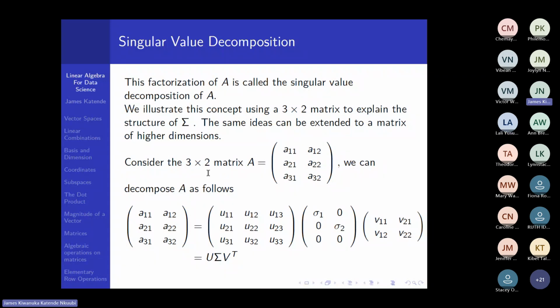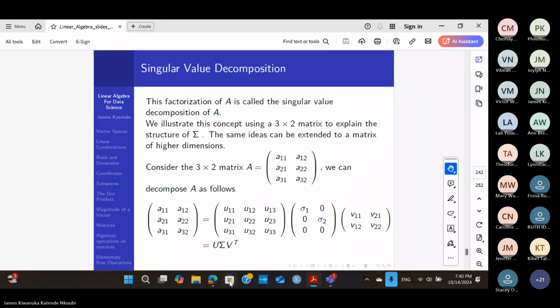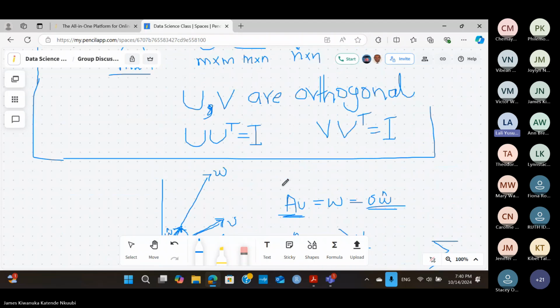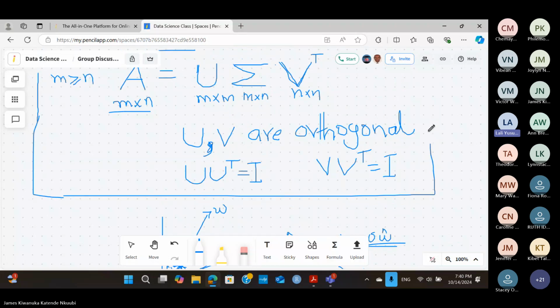I think you haven't understood the definition of an orthogonal matrix. So this is what it means. If a matrix is orthogonal, it means if I multiply it by its transpose, I should get the identity. Oh, so here, when you mention U, V are orthogonal, you meant that they're orthogonal to their transpose.